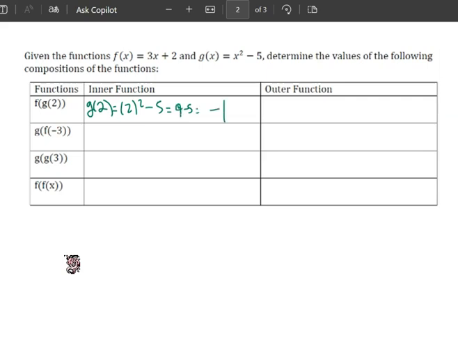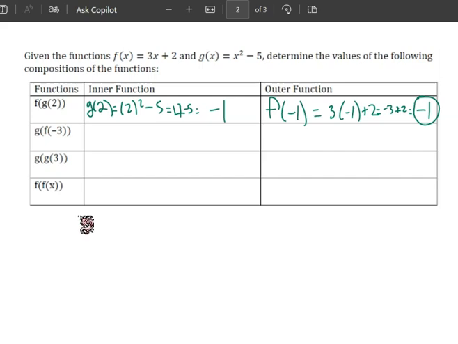It's -1. The outer function, we're going to find f of -1. Our answer in this case is still -1.